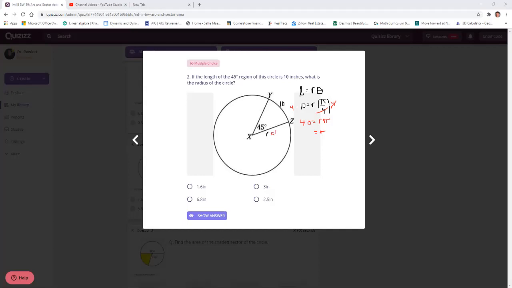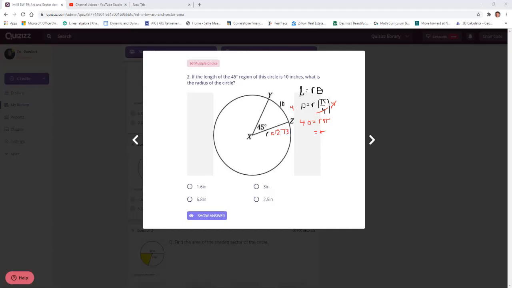And just to be safe, I'm going to check this. I have a feeling that whoever made this quiz did not use pi over 4. Maybe they used the 45. I'm not sure, but they're not supposed to do that. So let's check this. I'm claiming that r is 12.73.